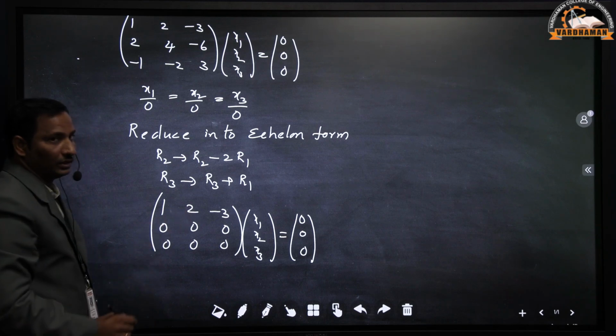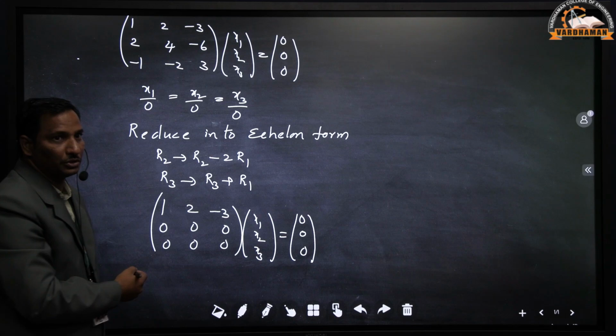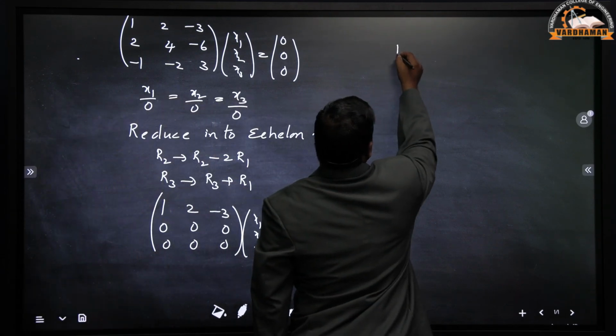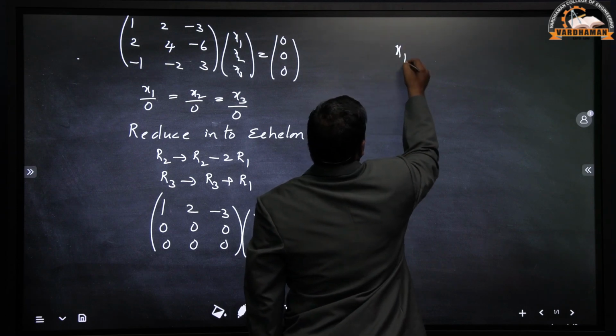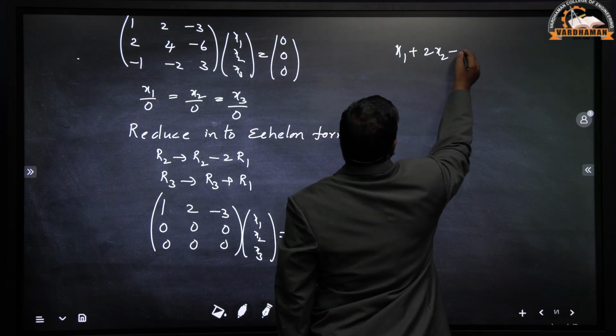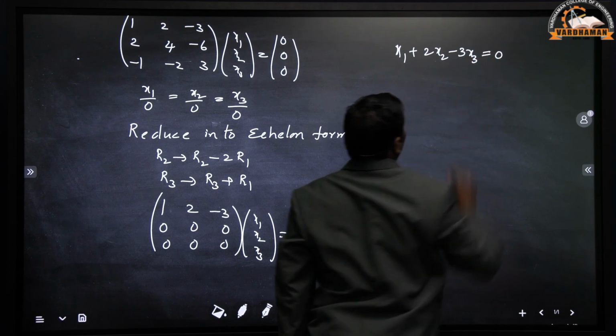Since it is in echelon form, now by using the back substitution method we will find the solutions. That is, x1 plus 2x2 minus 3x3 equals to 0.